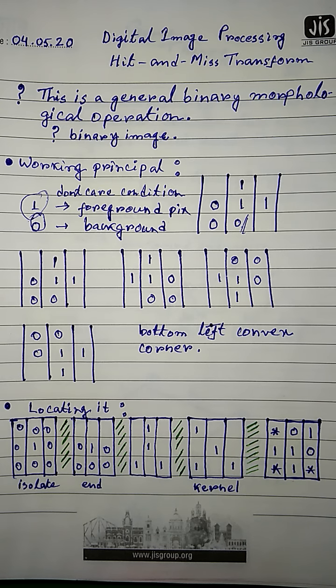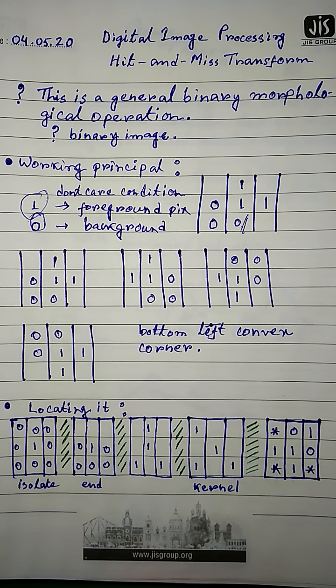Now go through the example with the locality. The hit-and-miss operation is performed in much the same way as other morphological operators, you know it. Translating the origin of the structuring element to all points in the image and comparing the structuring element with the underlying image pixels.